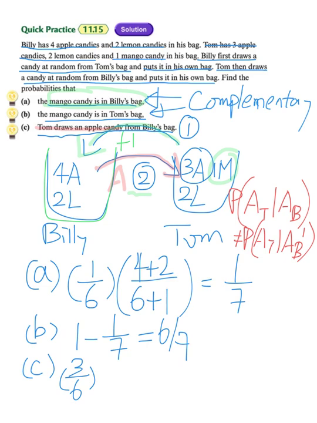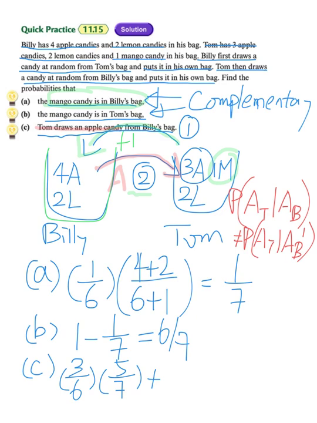In this situation, Billy will have 5 apple candies in his bag, and a total of 7 in his bag. So the probability that Tom draws an apple candy will become 5 over 7. So this is the first scenario.